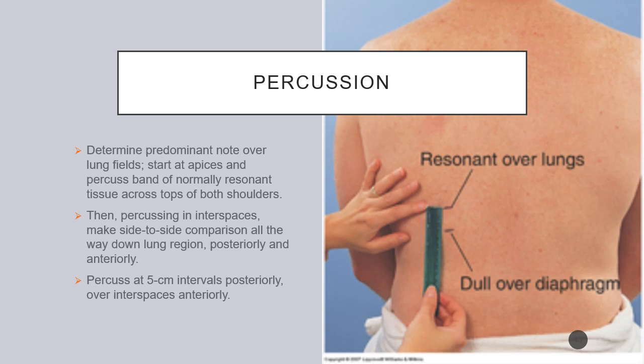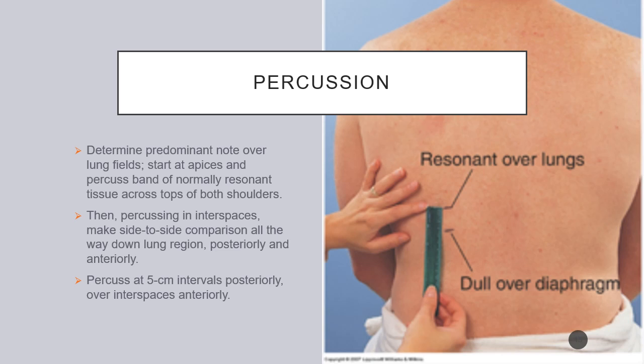And then you can also percuss diaphragmatic excursion, so you can see how well the diaphragm is moving. This might be helpful in a patient who maybe has ascites or something like that, or you're worried about a pleural effusion. Basically, you have the patient exhale and you percuss to see where it moves from resonant to dull, and that shows you where the diaphragm is at its highest.